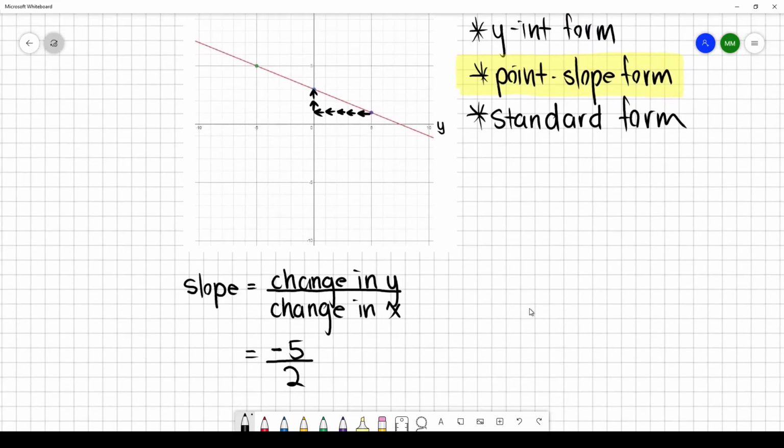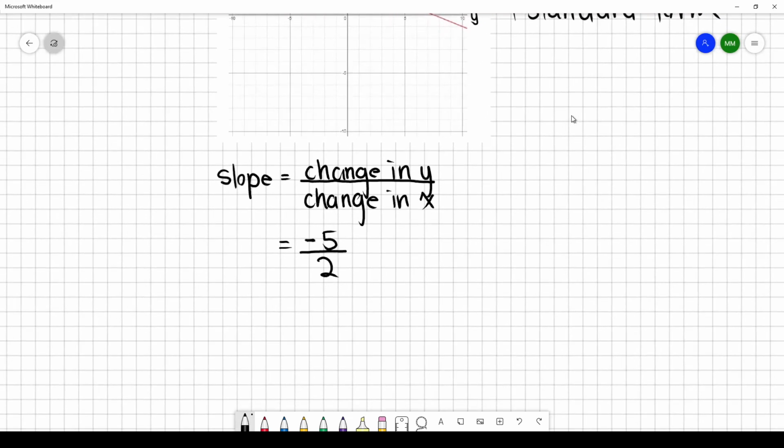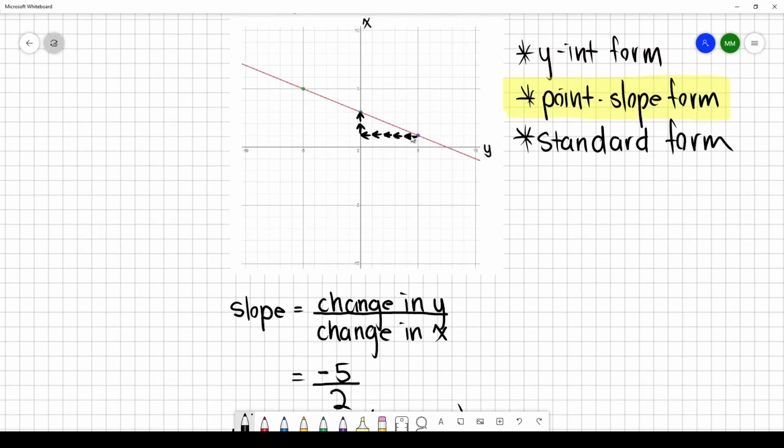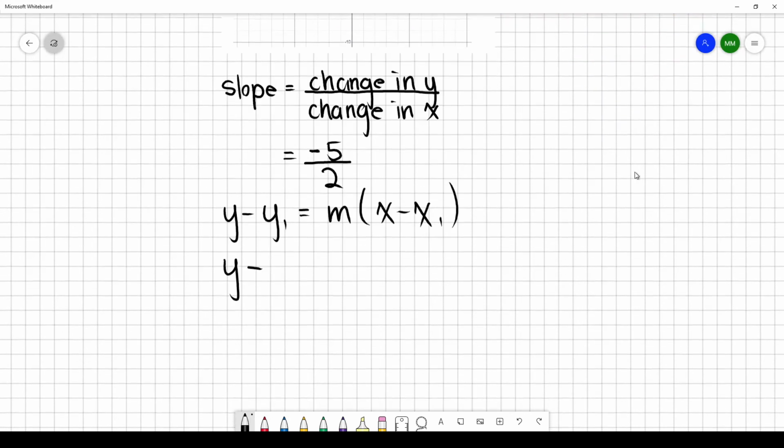So now you just need point slope form. y minus y1 is equal to the slope times x minus x1. I can use any of the 3 points. I am going to use this one, which is -5 and -5.